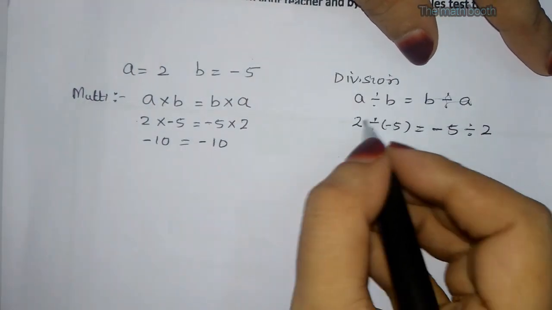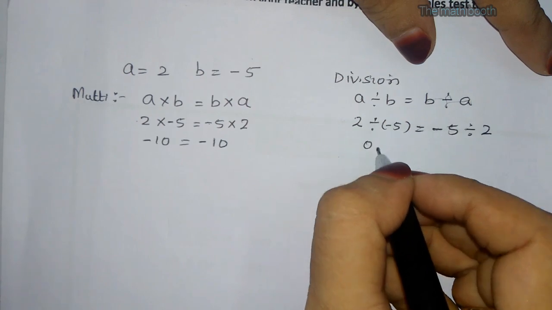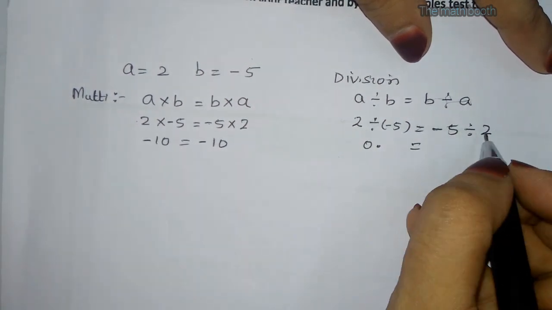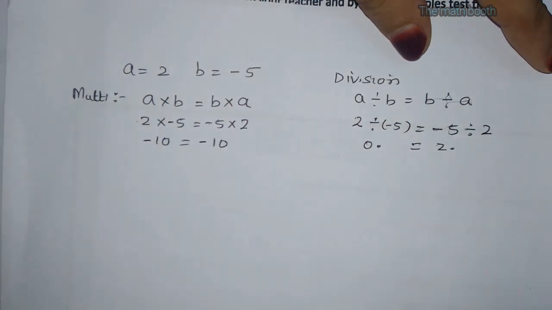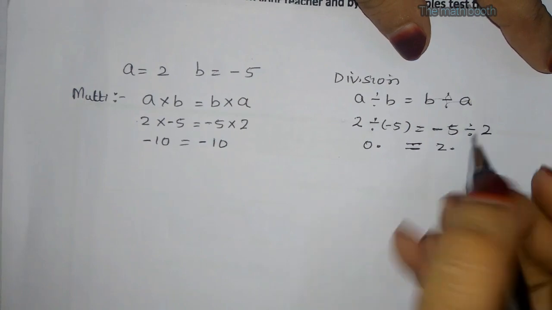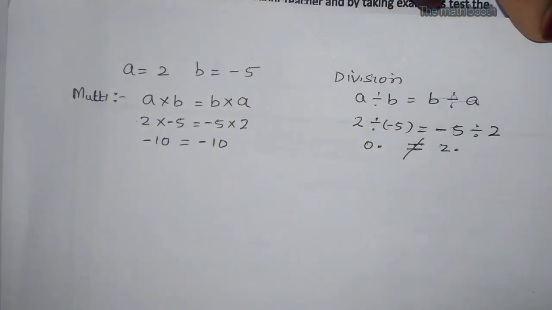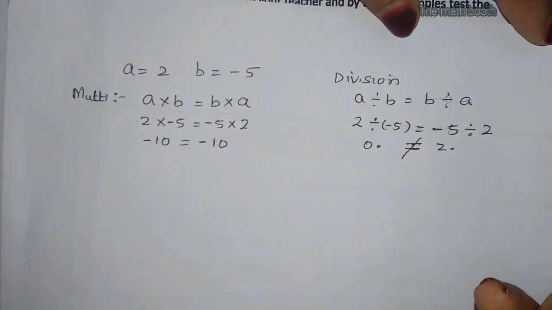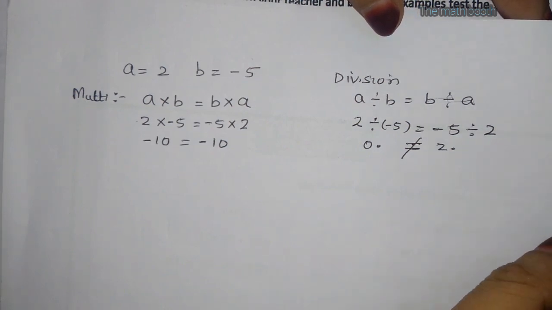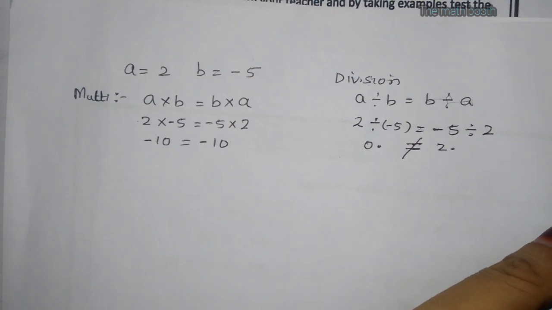See here, 2 divided by minus 5 will give 0 point some answer, and on this side 5 divided by 2, we will get 2 point some answer. So they are different, so they are not closed under the commutative property. Okay, so we have learned about the commutative property. Now let us see the next one.